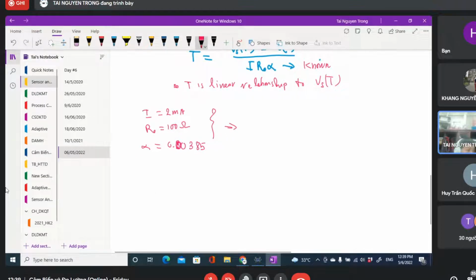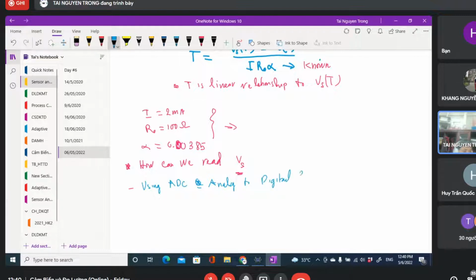And the next one is how can we reach this? In this case, we have studied that we are using the ADC, the analog to digital converter.